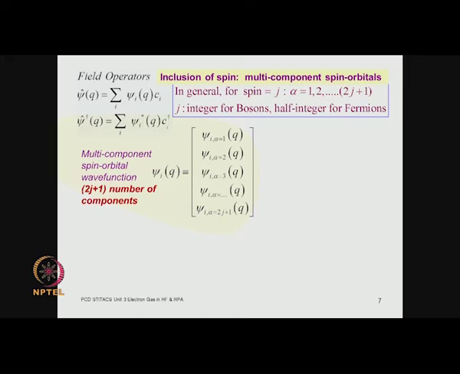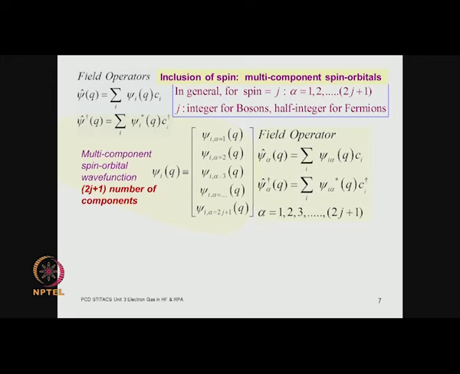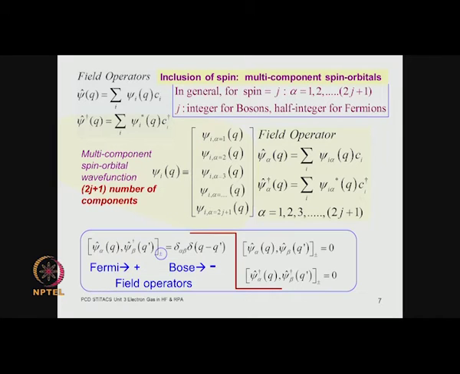So, the field operator psi I will now be written explicitly in terms of these 2j plus 1 components corresponding to the spin, and these are the expressions for the field operators. So, you do have a summation over I, but this is how it is for each component alpha, alpha going from 1 through 2j plus 1.